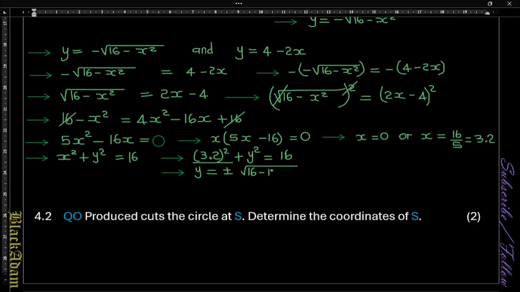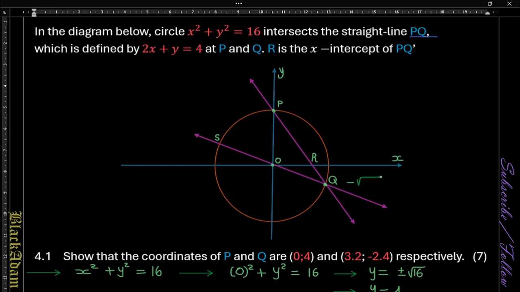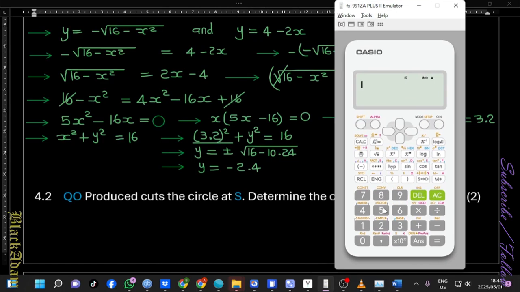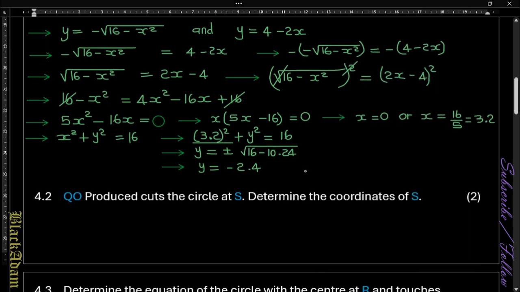So 16 minus 10.24, root that. That's going to be negative, so we take the negative part, which is negative 2.4. That's our answer. Let's just confirm, root of 16 minus 10.24 is negative 2.4.